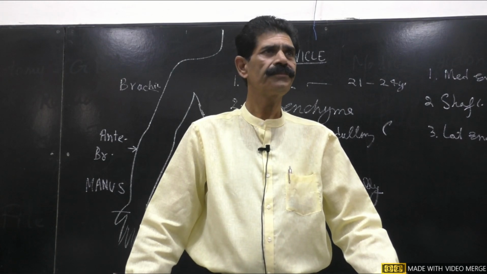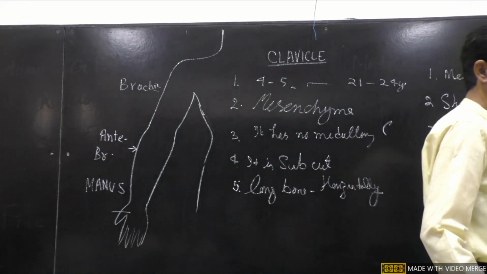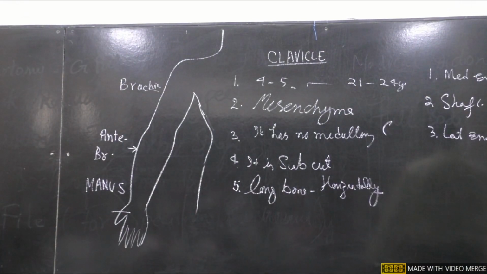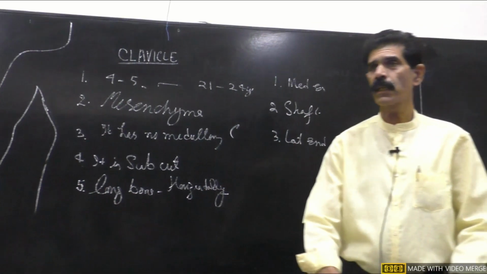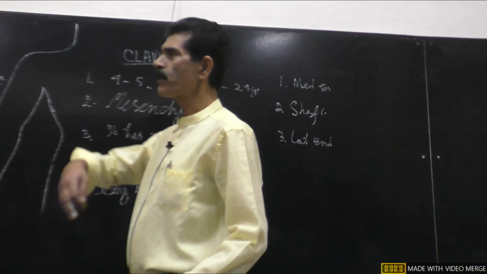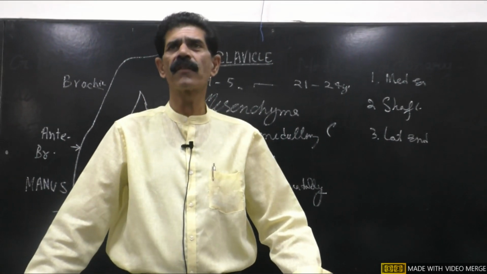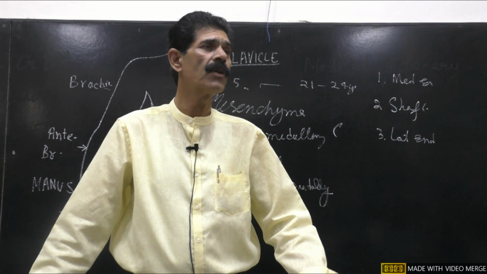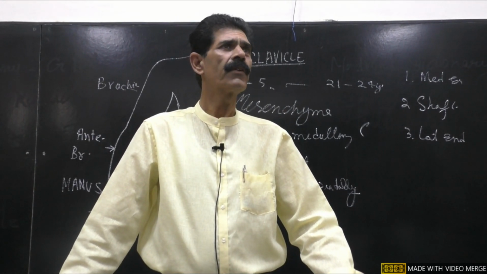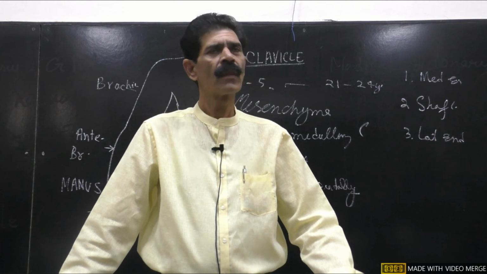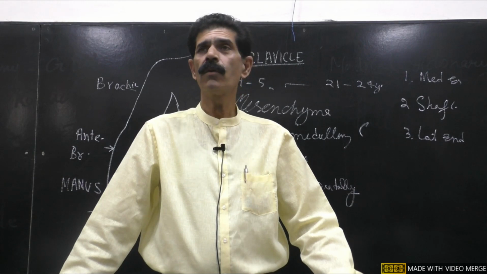The medial end is strong, larger, and quadrilateral in outline, and reciprocally the articular facet on the upper lateral surface of the manubrium sterni is also quadrilateral. And it forms a joint. What will you name this joint? You should know the names of the joints. Sternoclavicular joint.